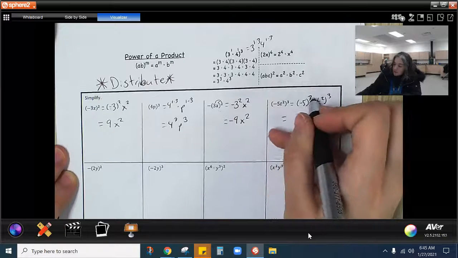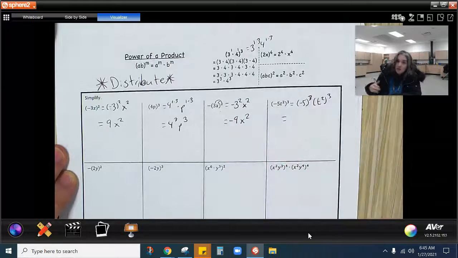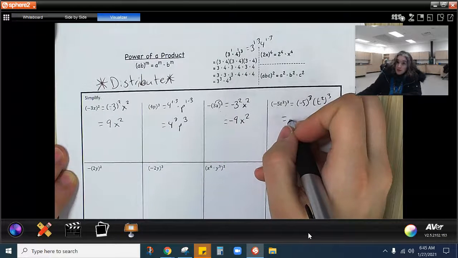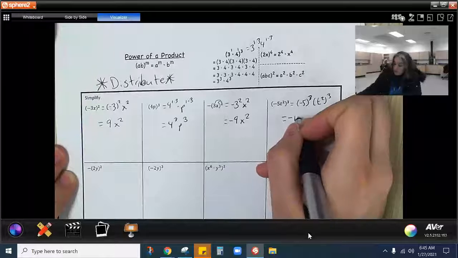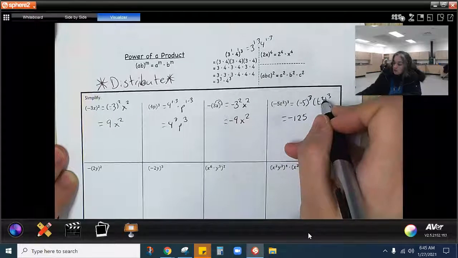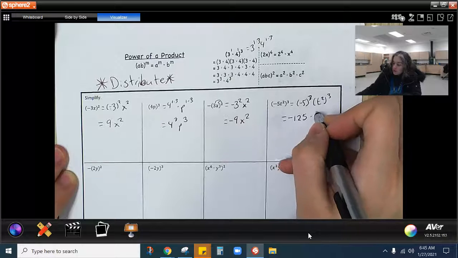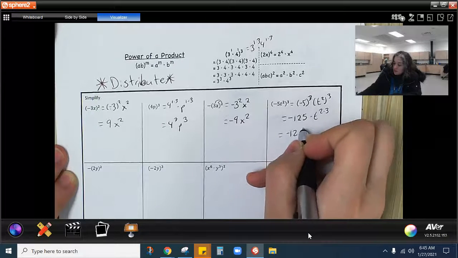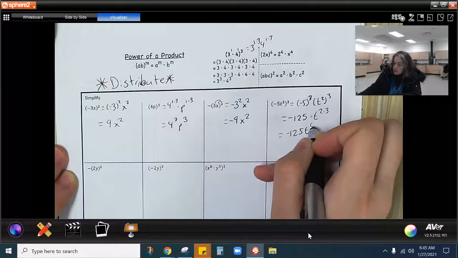So negative 5 to the third power is really negative 5 times negative 5 times negative 5. Negative times negative is a positive, times a negative is a negative. So this would be a negative 125. And then t squared raised to the third power is really t to the 2 times 3. So this is negative 125 t to the 6th.